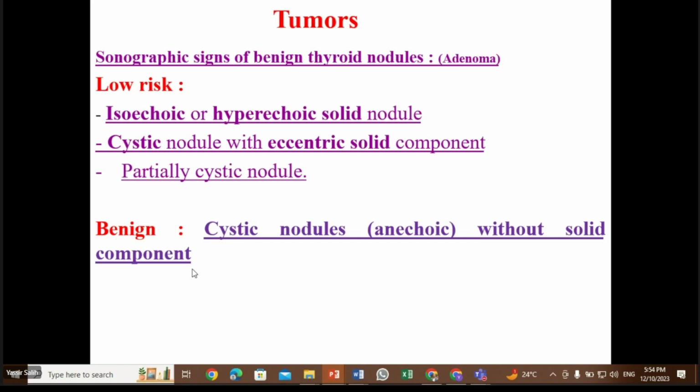The question may be which of the following is a feature of a benign thyroid tumor. If you know the benign features, even if you do not know the others, you know this is a feature of benign.